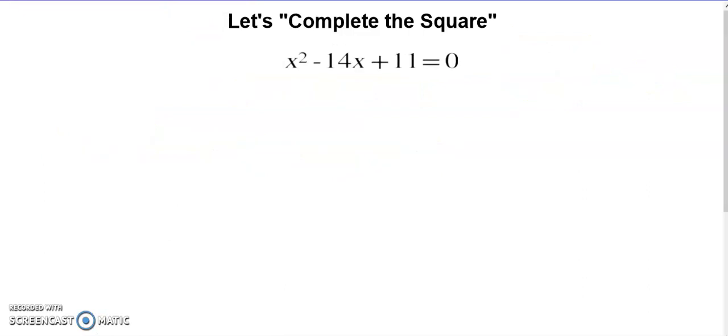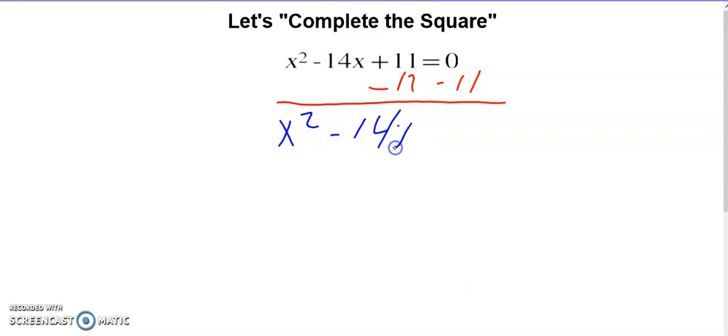Okay, this one has the 11 on the left side. I don't want it to have 11 on the left side, so we're going to subtract 11 and get the constant by itself. That's going to give me x squared minus 14x equals negative 11.